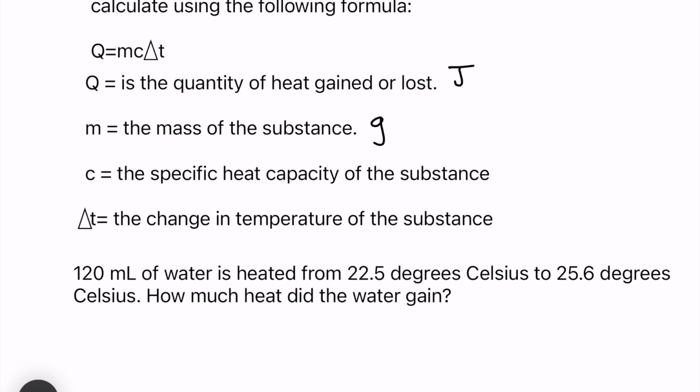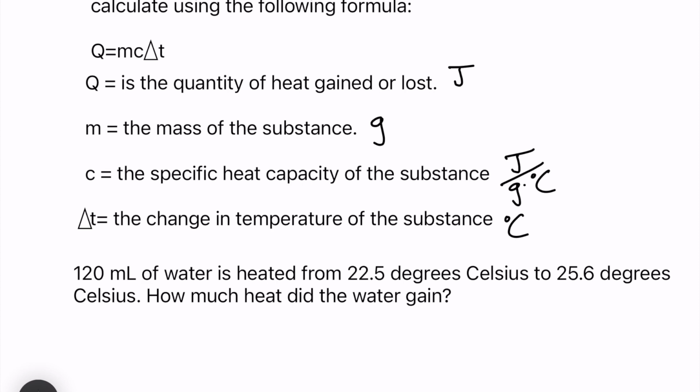This is going to be measured in joules per gram per degree Celsius. And finally, we have the delta T, or the change in temperature, and this is going to be measured in degrees Celsius. It is worth noting the degrees Celsius can also be seen as Kelvin depending on the question you are given.